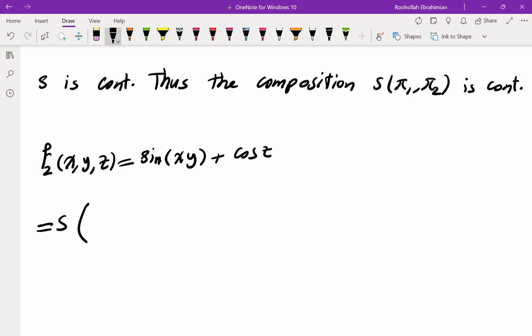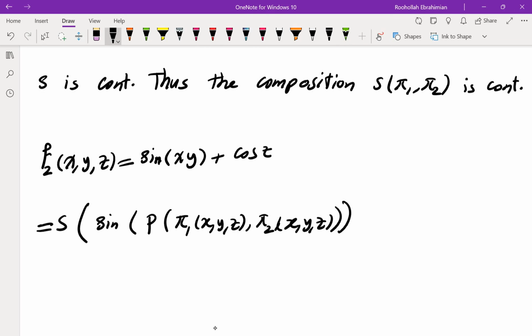The first one is sine, which is a continuous function, of the product of x comma y, but the domain of the function was xyz, so I'll have to first project it. So it will be pi 1 of xyz comma pi 2 of xyz. So this is x, this is y, this is xy, so that's sine of xy, and now I want to add them.